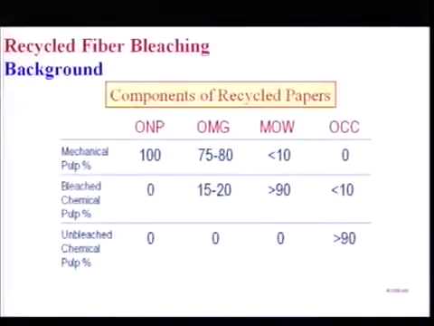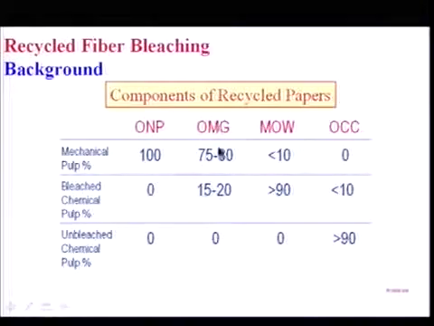Now, let's take a look at the components of these papers. ONP stands for old newsprint, OMG stands for old magazine, MOW is mixed office waste, OCC is old corrugated containers. Here we have mechanical pulp, bleached chemical pulp and unbleached chemical pulp. ONP, old newspaper, it contains 100% mechanical pulp.